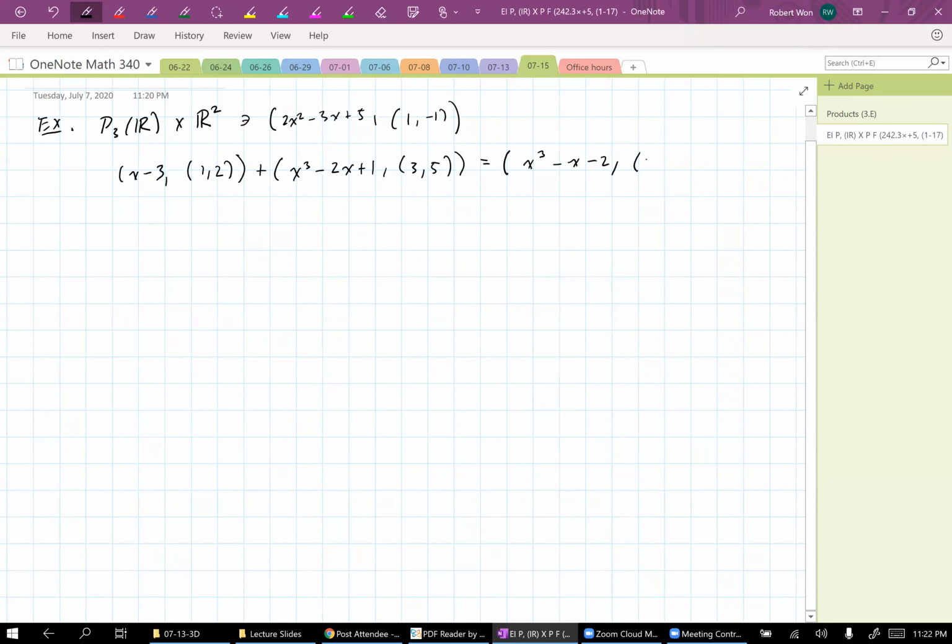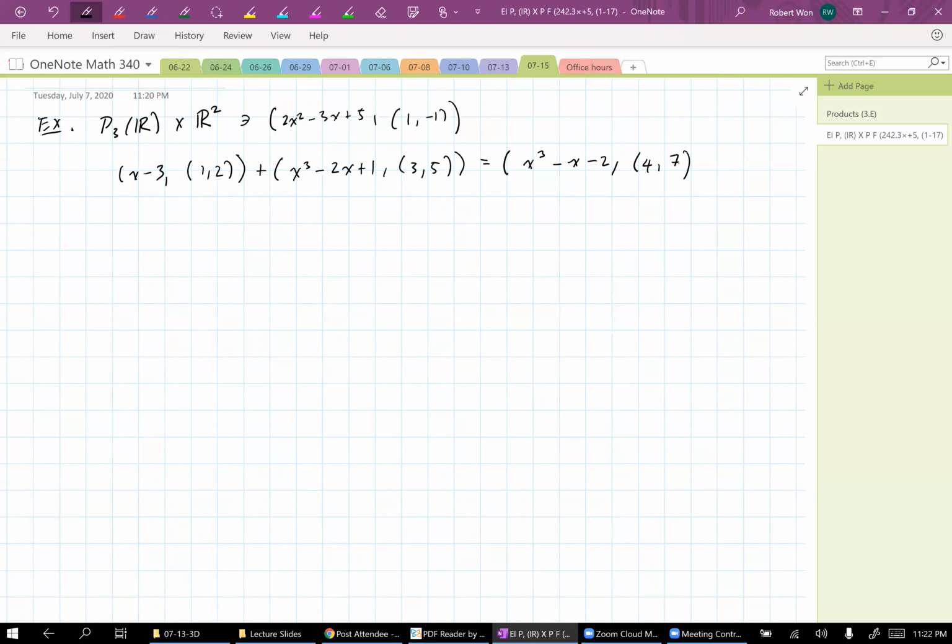In the second bit you just add in R2. Scalar multiplication is similar. So it really is, you just write the vector spaces next to one another.